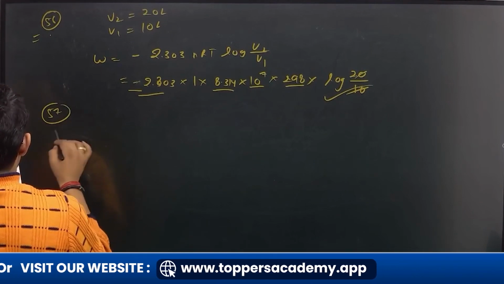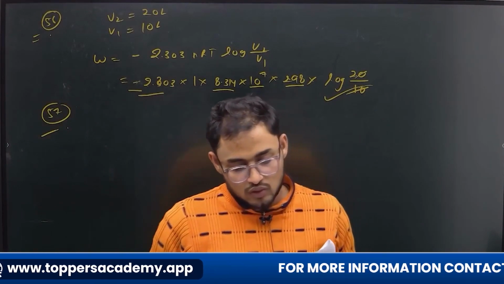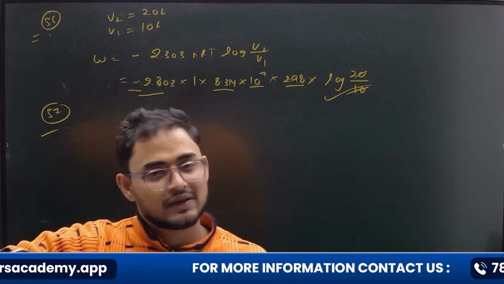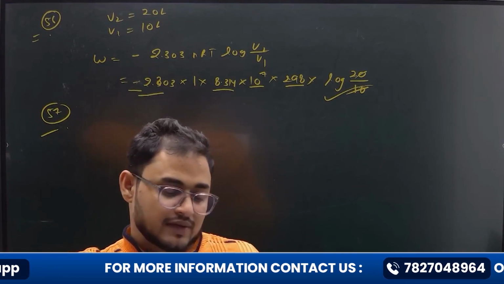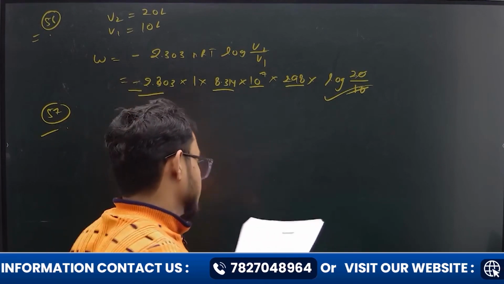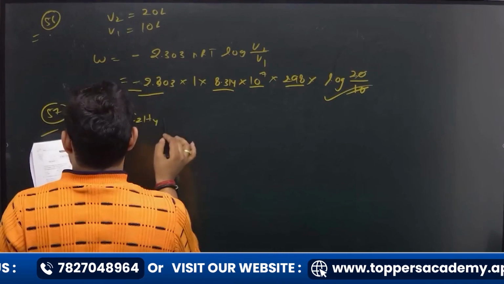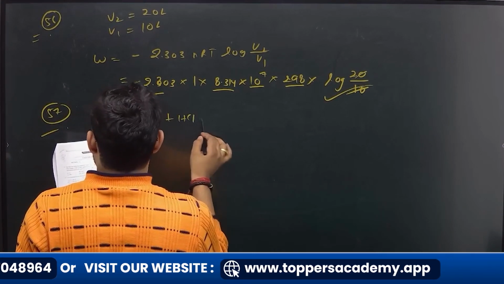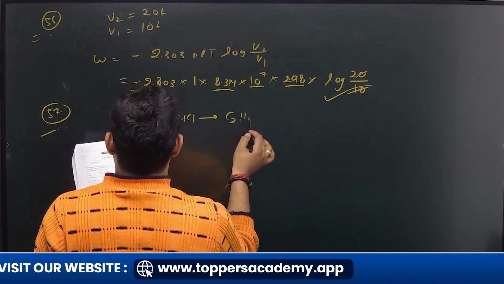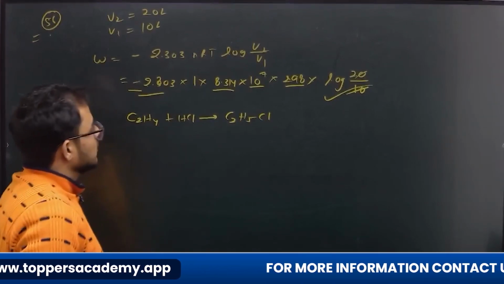57th question. What is the value of delta U or delta E? Delta E or delta U, both are the same thing, change in internal energy, right? So there is an equation given to us: C2H4 plus HCl gives C2H5Cl, right?